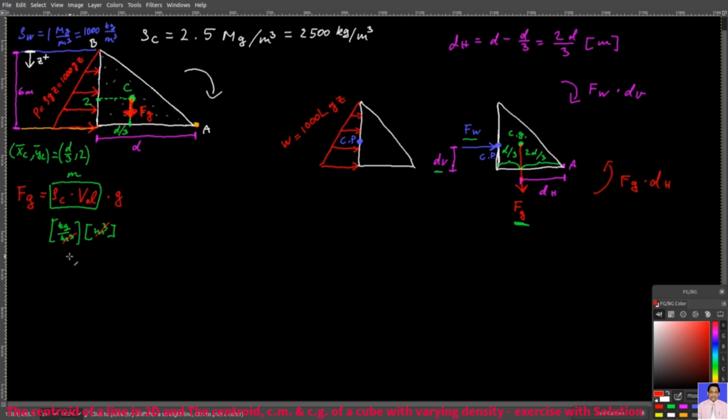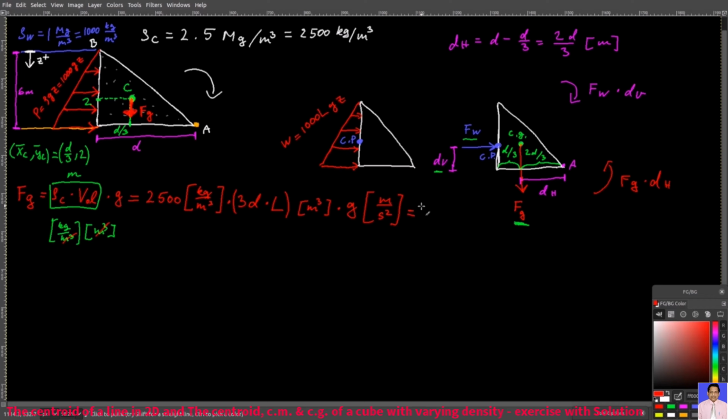You can see that the meters cubed get cancelled, and so you are left with kilograms. And then if you multiply it by g, then you get your force of gravity. And so all that equals 2,500 kilograms per cubic meter. Then the area of the cross section was 3d meters squared, but then you multiply it by the length of the dam, and so you get the volume of the dam, that's in cubic meters, and times g, which is meters per second squared.